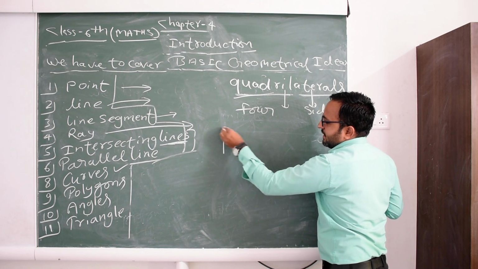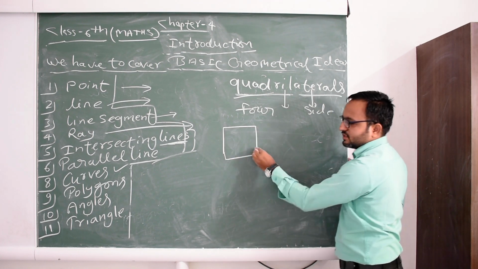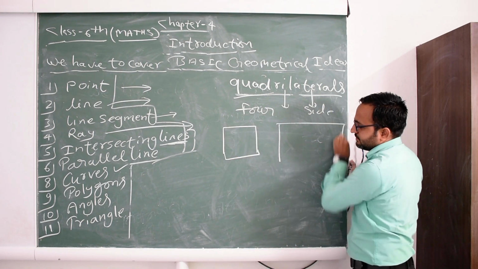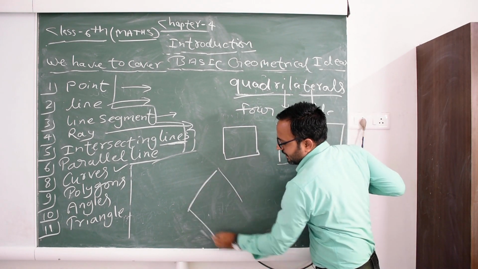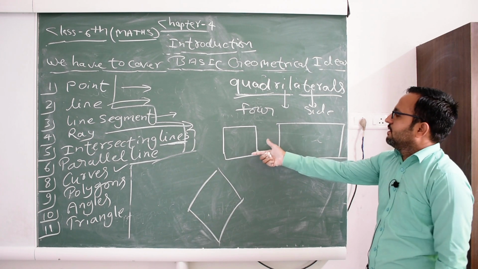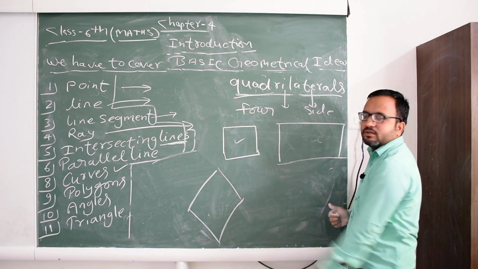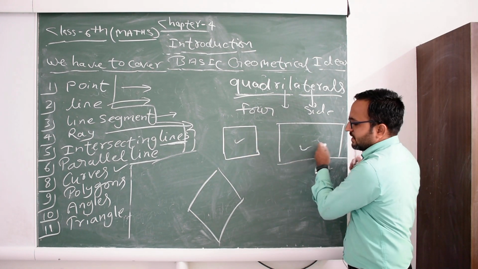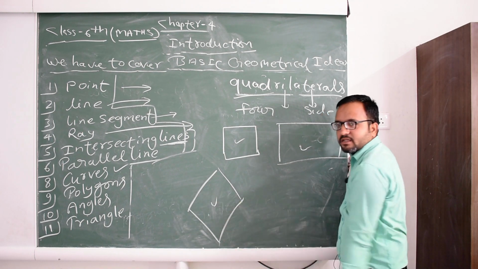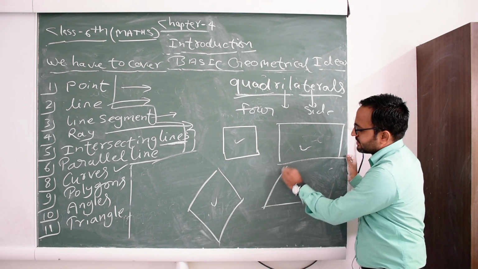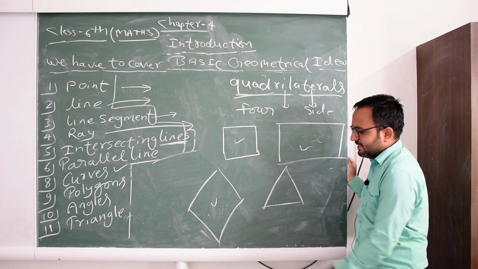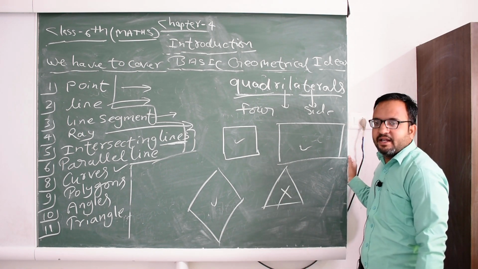That means it can be a square, it can be a rectangle, it can be a kite. Because square has four sides, rectangle has four sides, and kite has four sides, but triangle is not a quadrilateral because triangle has three sides. So this is not a quadrilateral.